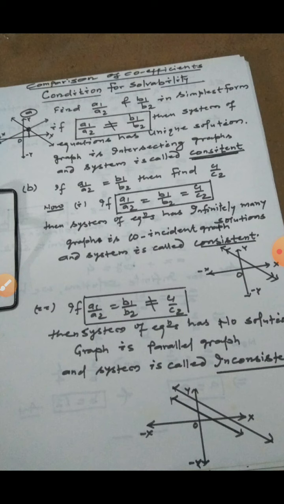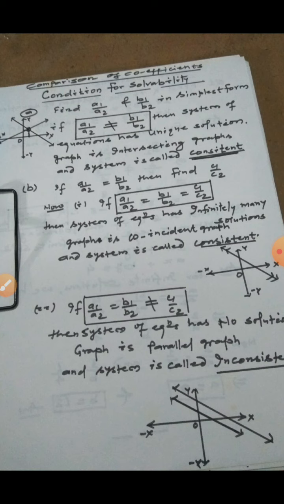When such a relation exists in any question of a pair of linear equations, that is, in the case of simultaneous equations, when the condition a1 by a2 not equal to b1 by b2 comes, then three things you have to memorize. For such a condition, there will be a unique solution.